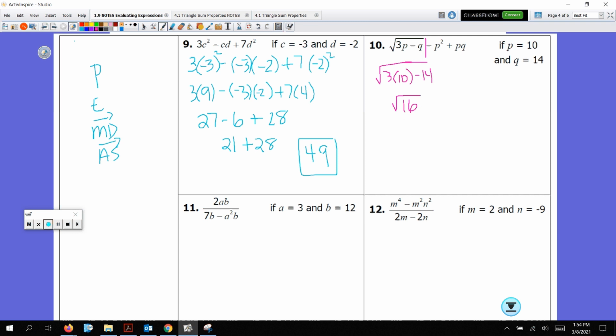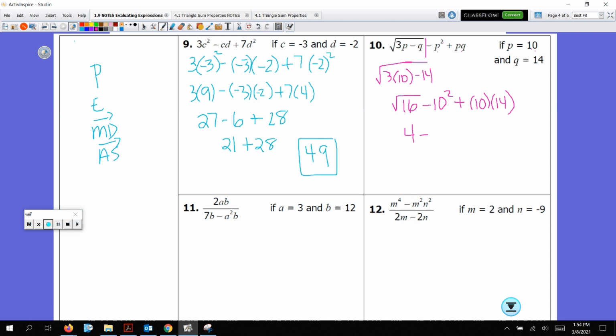Now I'm going to bring down the rest of my stuff here, okay? So we have minus P squared. Well, P is 10. 10 squared plus P times Q. 10 times 14. All right, order of operations says exponents come first, exponents and radicals. So this radical, square root of 16, is simply 4.